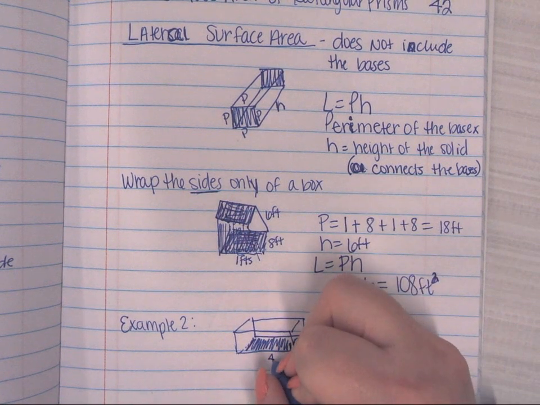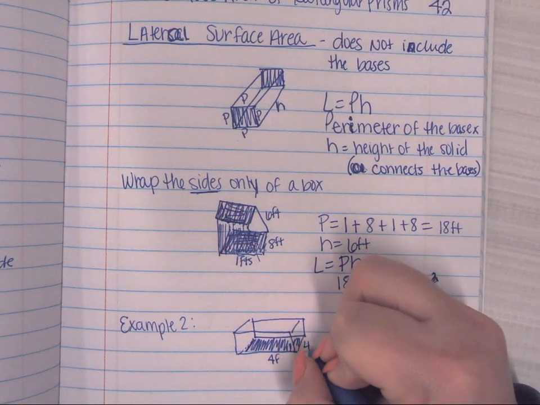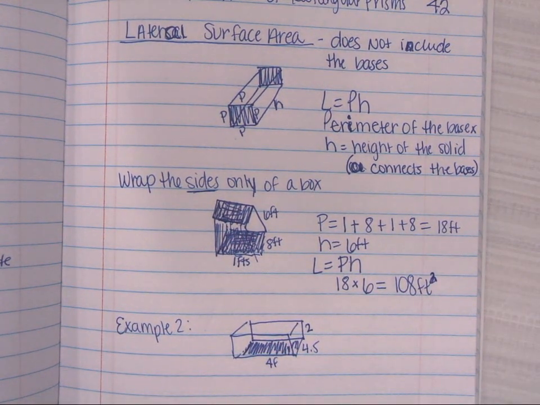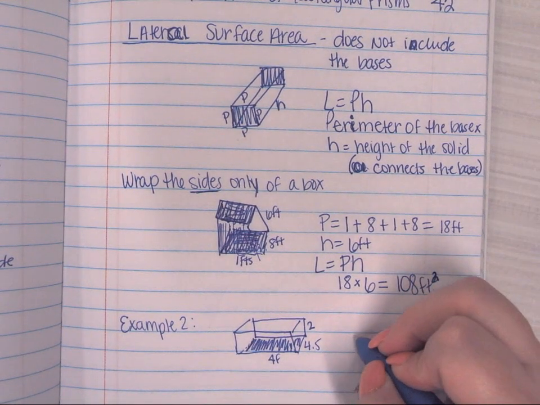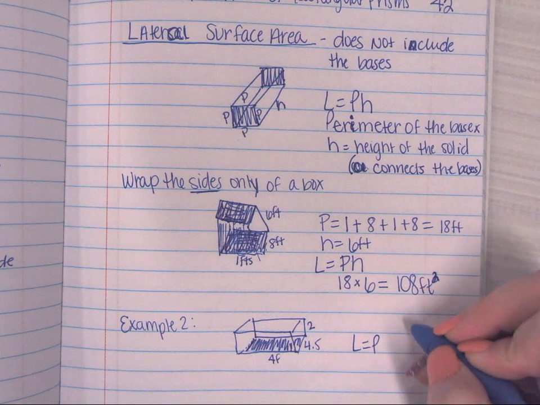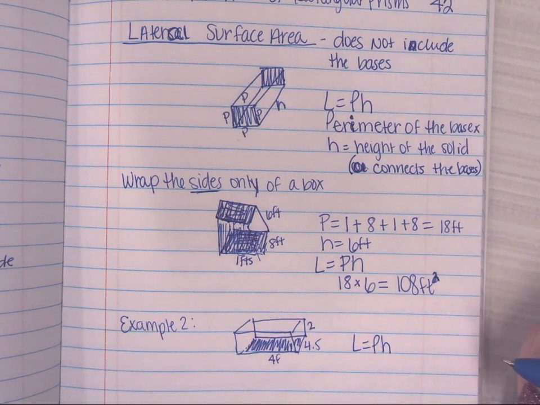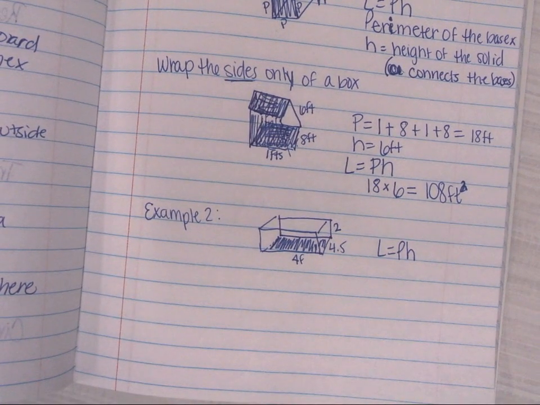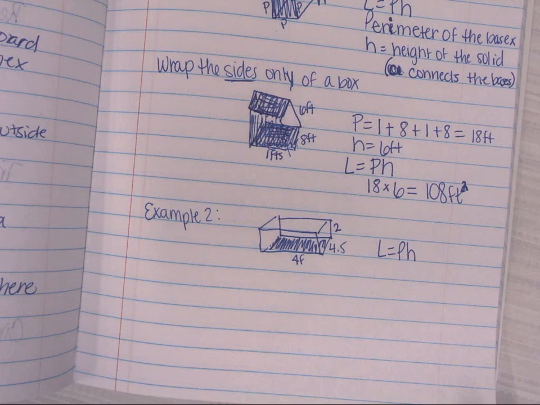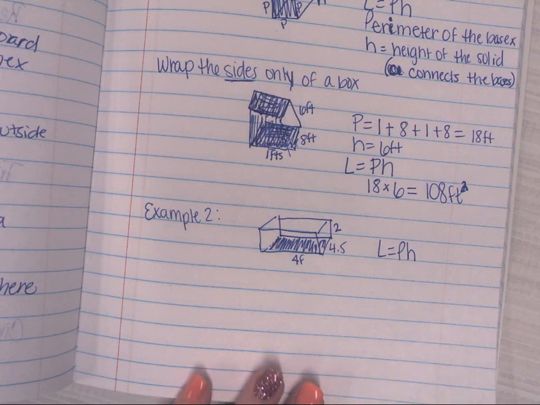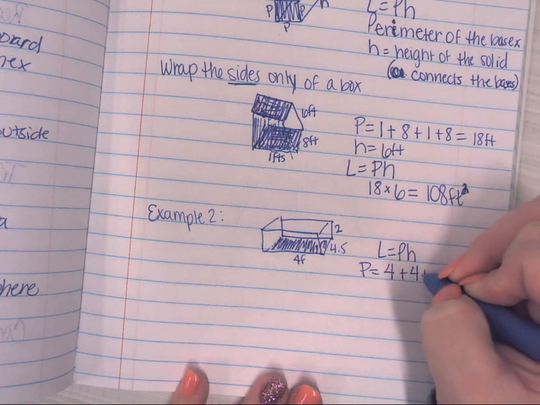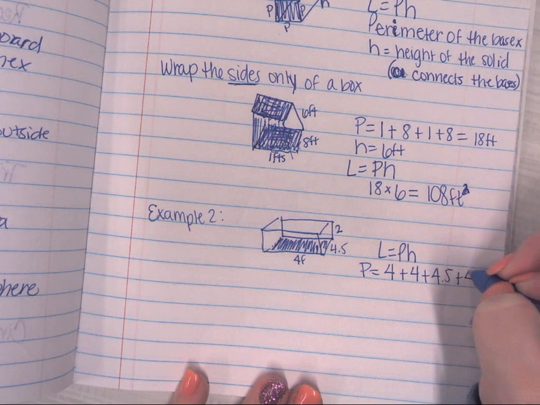Okay, so this is 4 feet, and this is 4.5, and this is 2. Remember that my formula is perimeter of the base times the height. So big P is 4 plus 4 plus 4.5 plus 4.5.